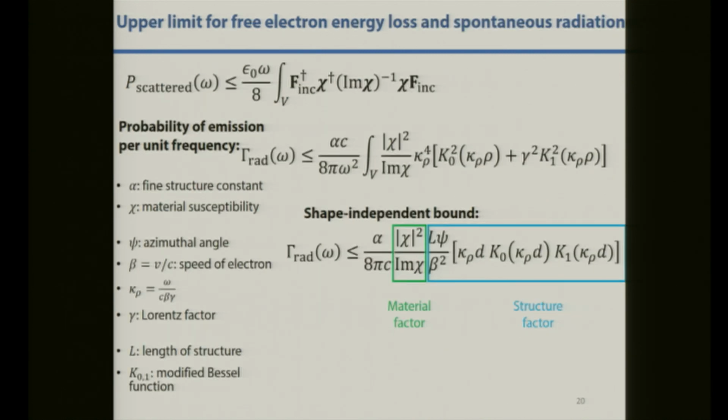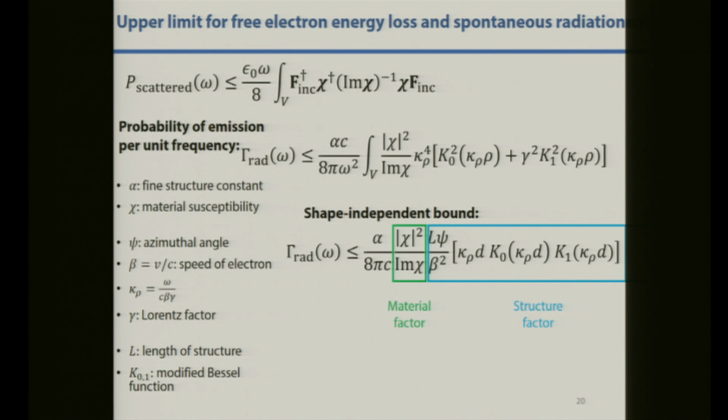We can apply these constraints to the scattered power of a structure from a free electron. Putting the external fields of the electron inside this integral, we arrive at an integration of the Bessel function, or with some mathematical manipulation, a cleaner expression given by this formula.